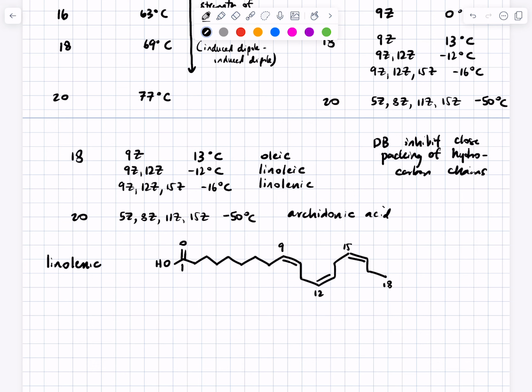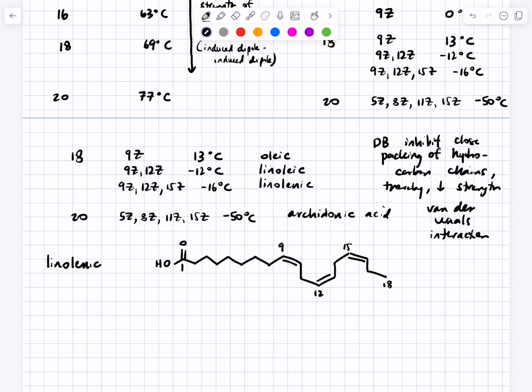And this then decreases the strength of the van der Waals interactions that hold individual molecules close to each other. Weaker van der Waals interactions mean lower melting point. You don't have to apply as much energy to get the fatty acid molecules to move further away from each other. Okay, that's important. You guys, does that make sense? I think you've heard about that before, but that's an important thing.